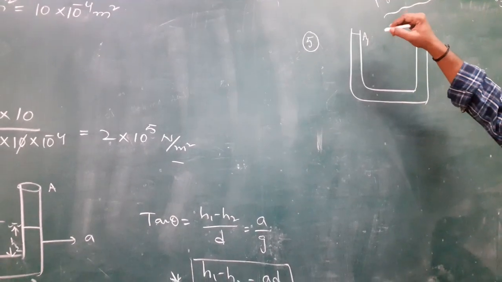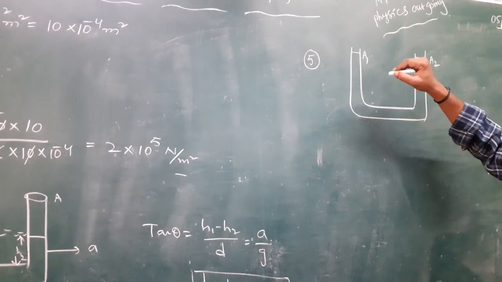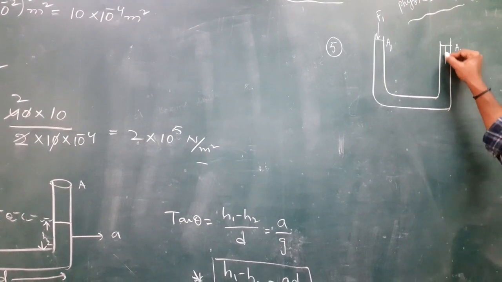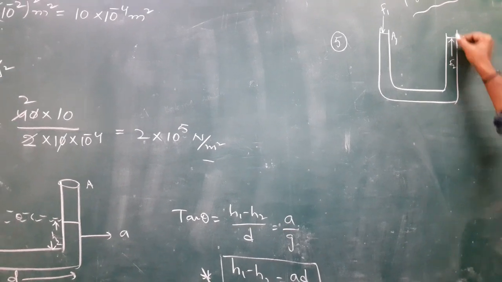The force applied on the thinner arm is F1, and F2 is the force exerted by the fluid on the second one.